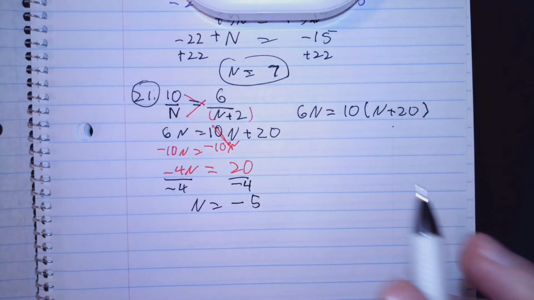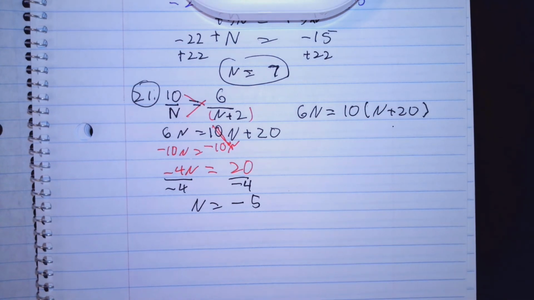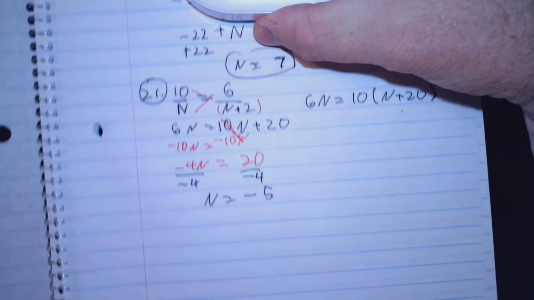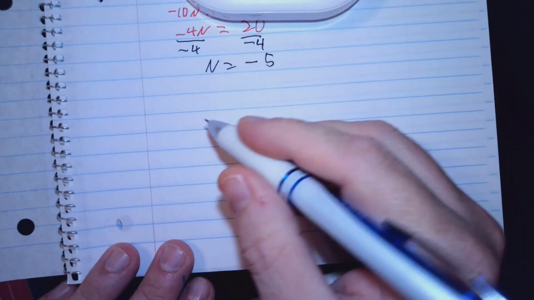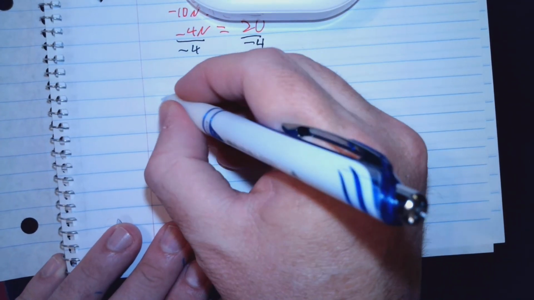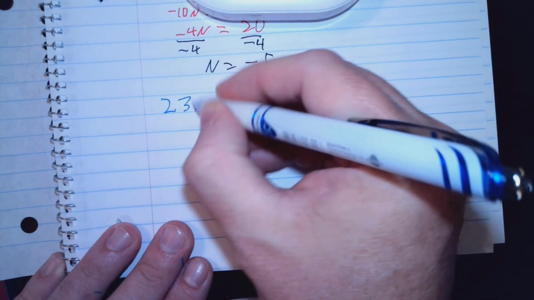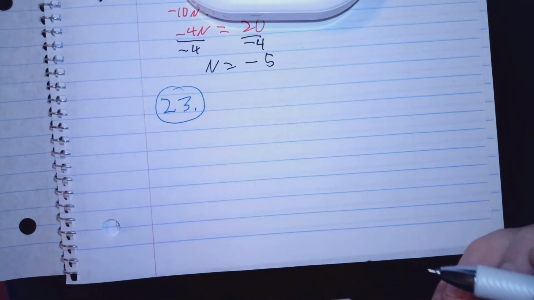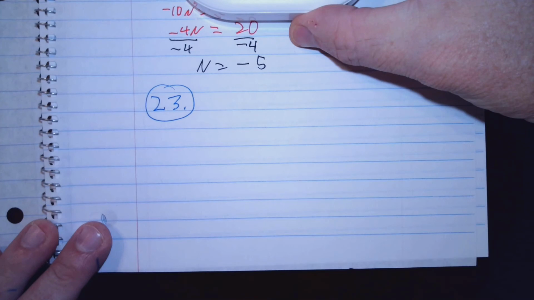Okay, here we go. Let's go ahead and do something difficult here. Let's go ahead and do 23. All right, let's straighten this up here.